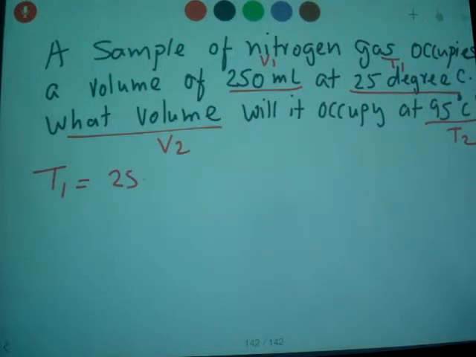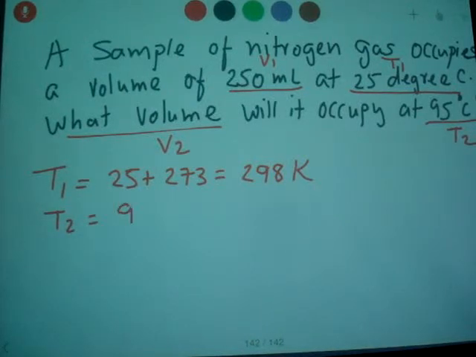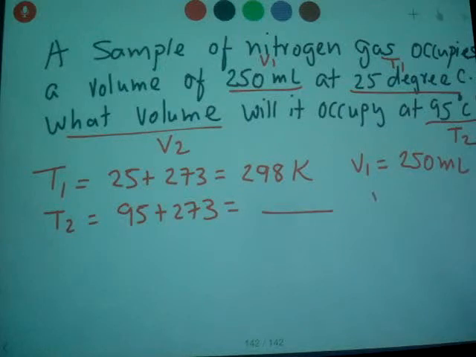So 25 plus 273, which is 298 Kelvin. T2, 95 plus 273, so you need to find out the Kelvin. V1 is 250 milliliters and V2 we need to find.